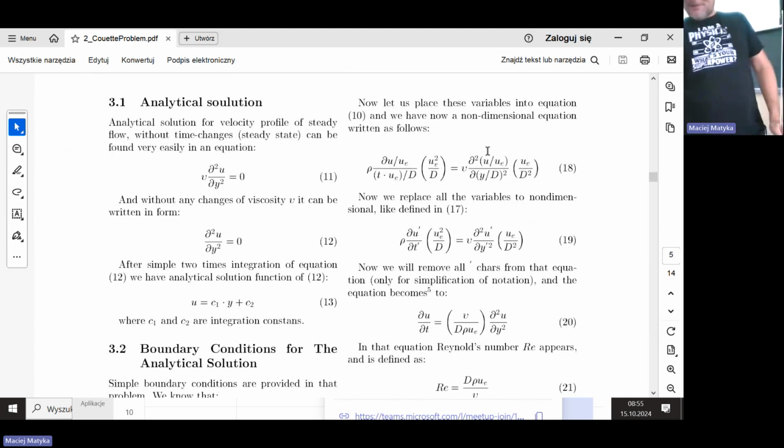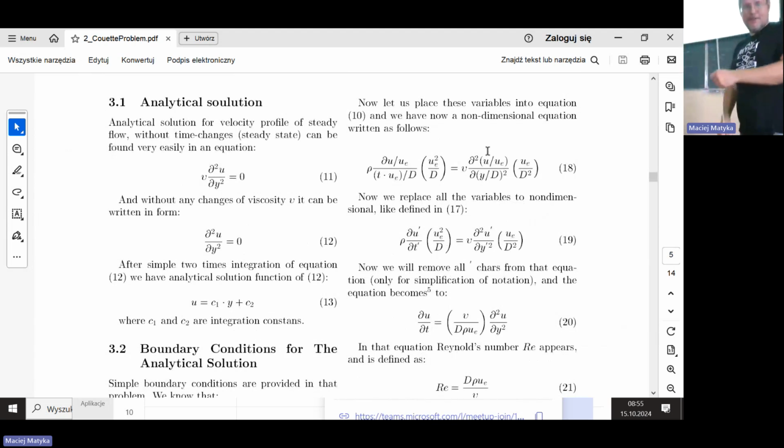It was so long time ago I was solving anything analytically, but let's go through what I had here. So we want to find an analytical solution for the velocity profile of steady flow. Steady in CFD, in fluid mechanics, means there is no time changes in the flow. This is also something we can assume about this system.